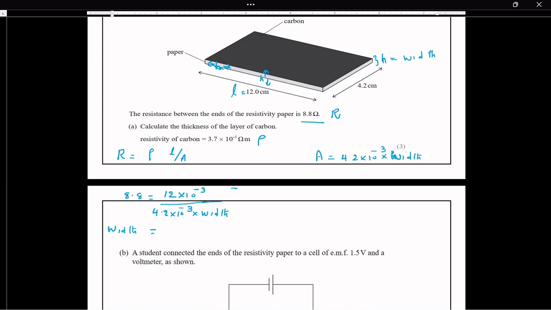Actually, there is no need of doing it this way. I'm not doing the calculation separately. I'm just using the calculation altogether: 12 times 10 to the power of negative 3 over 4.2 times 10 to the power of negative 3 times 8.8. This is the width we are getting.